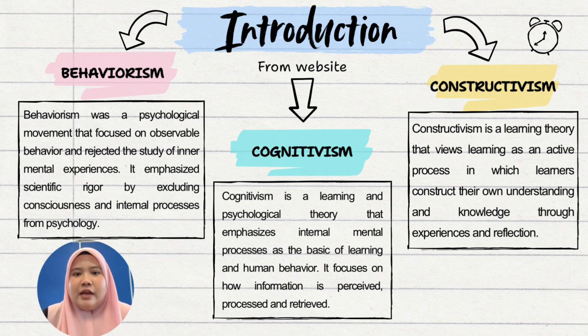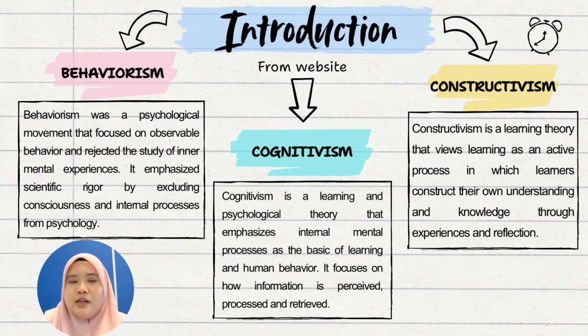Behaviorism was a psychological movement that focused on observable behavior and rejected the study of inner mental experiences. It emphasized scientific rigor by excluding consciousness and internal processes from psychology. Second is cognitivism.